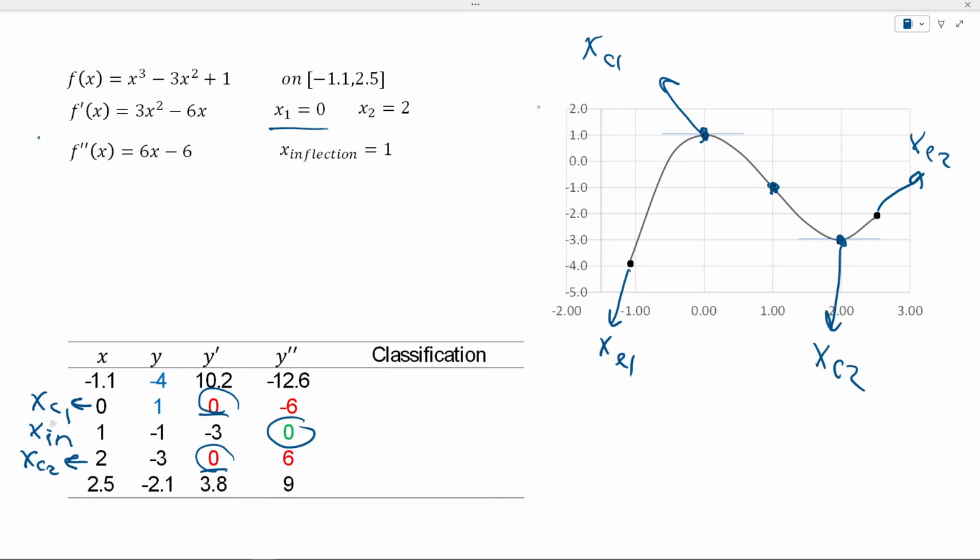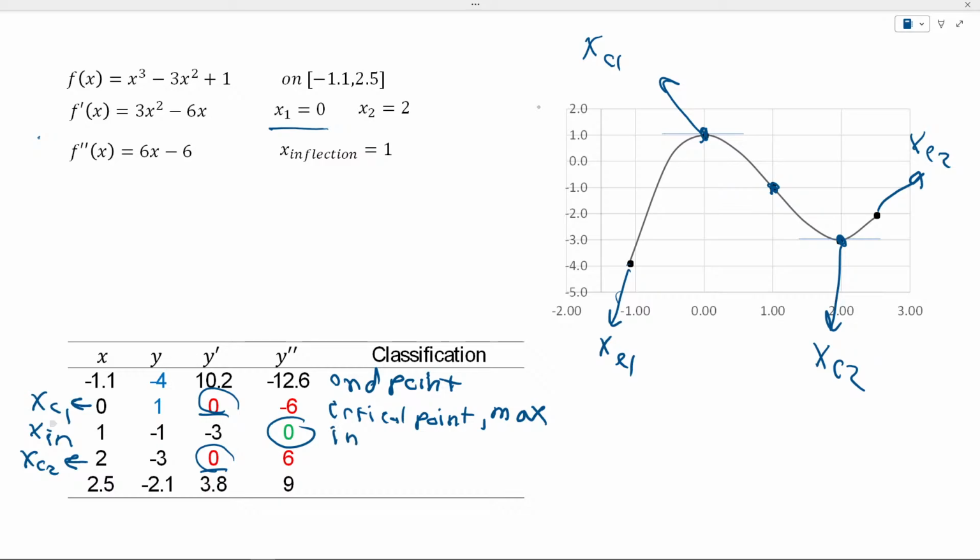Let's classify these points first. The first one is just an endpoint. This guy at 0 is a critical point, and we can further classify it as a max. This guy here is not a critical point. It is just an inflection point, because remember, critical points are where your slope is equal to 0.